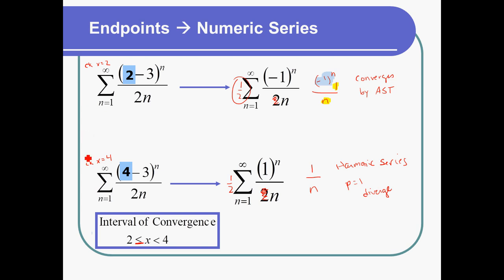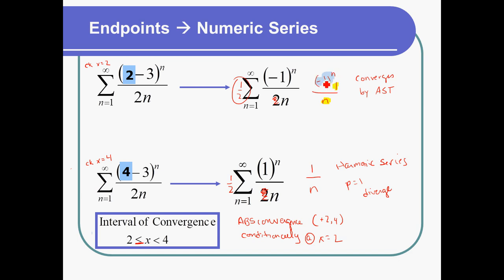So don't forget, we say this series converges absolutely on 2 to 4, and conditionally at x equals 2, because the only reason the left endpoint converged was because of the alternating signs, right?